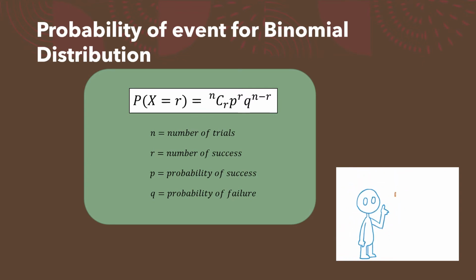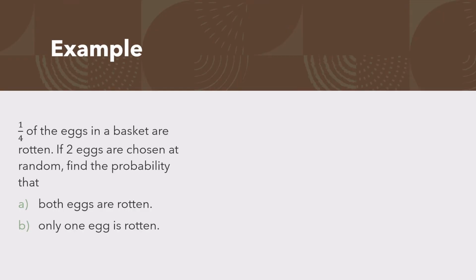Okay, that is an example. Let's look at a real example in this situation. The example states that 1/4 of the eggs in a basket are rotten. If 2 eggs are chosen at random, find the probability that A, both eggs are rotten, and B, only one egg is rotten.